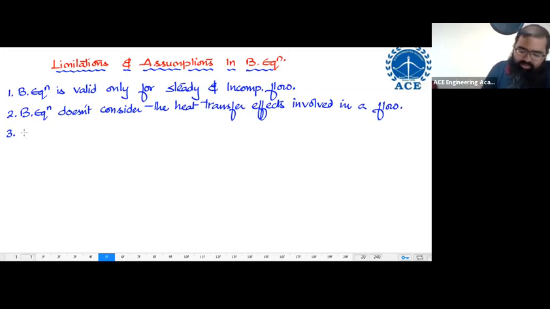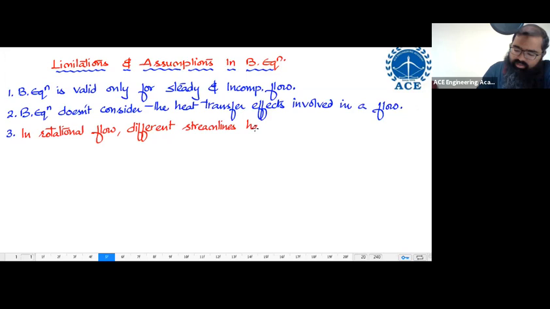In rotational flow, different streamlines have different total head. In the case of rotational flow, different streamlines are going to have different total head.